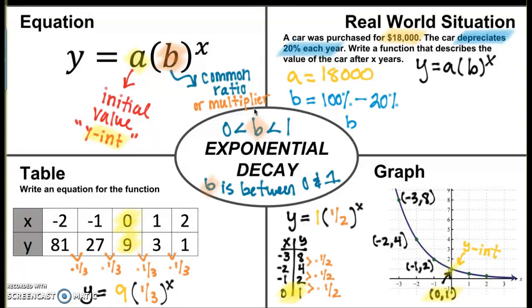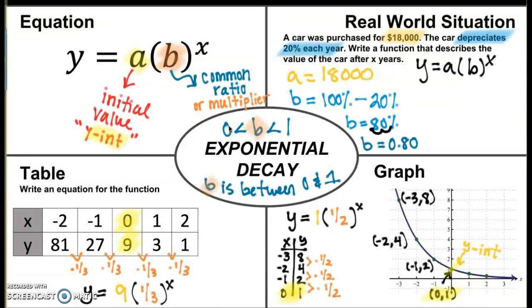And so this tells me that the value of B is going to represent 80% as a rate. But we don't want that to be a percentage. We actually want that 80% to be represented as a decimal. So I know that I need to move the decimal 2 places or divide by 100. And that way we'll end up with the value of B being 0.80.